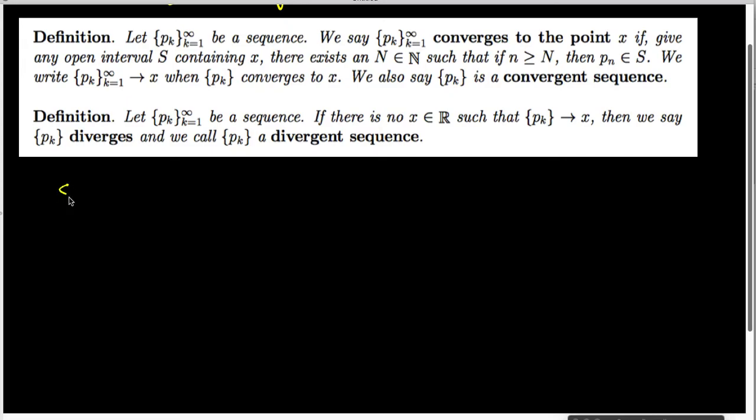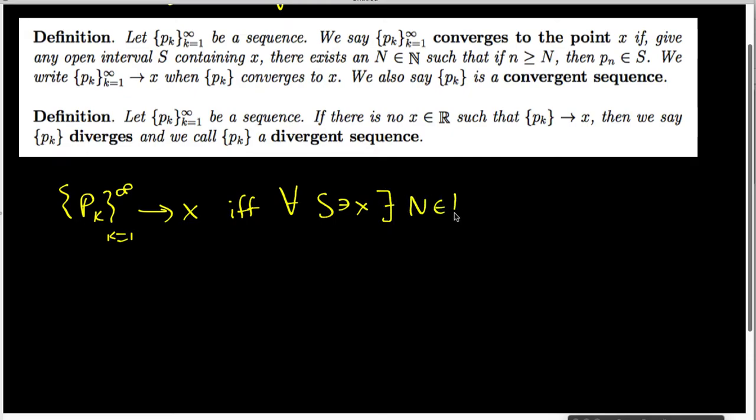So we want to remember that a sequence converges to a particular x. That means that for every open interval S containing x, there exists a natural number capital N, such that the N-tail of my sequence is a subset of the open interval.